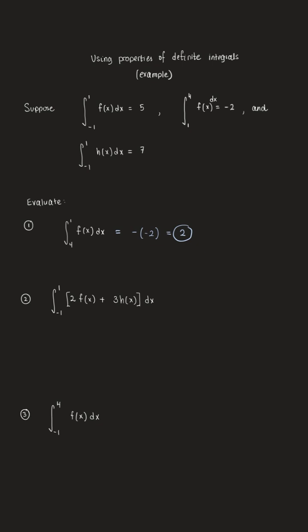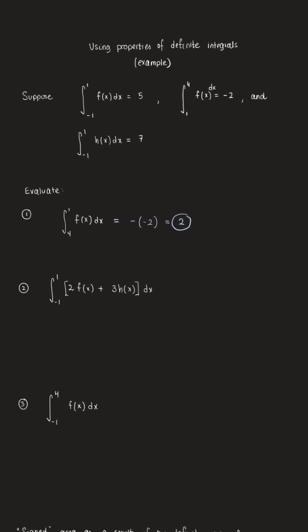Okay, in number 2, we can use some of our linear properties of the definite integral. I'm going to rewrite this by first separating this into two different integrals and then factoring out the constants. So I'm going to use the sum difference rule here. This is going to be the integral from -1 to 1 of 2 f of x dx plus the integral from -1 to 1 of 3 h of x dx.